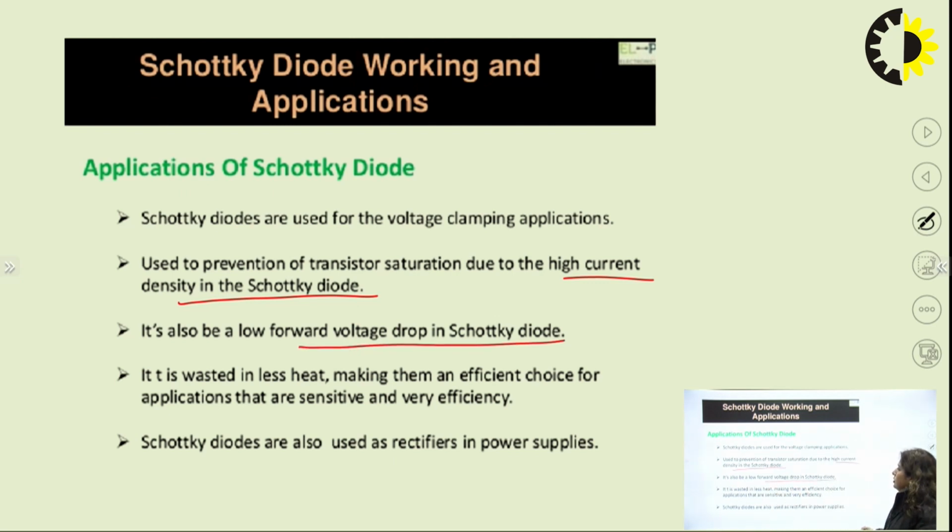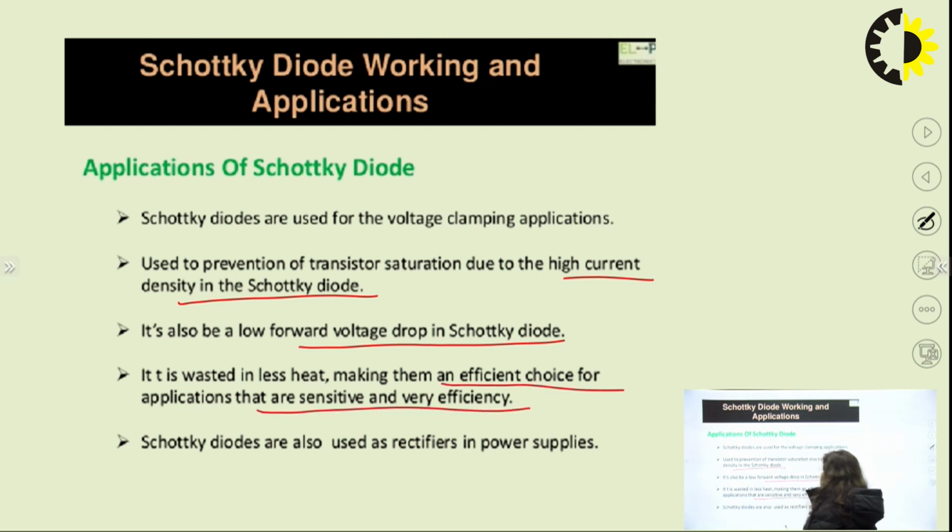It wastes less heat, making it an efficient choice for applications that are sensitive and require very high efficiency. Schottky diodes are also used as rectifiers in power supplies. So the major applications of the Schottky diode are digital applications, power supplies, low voltage drop industrial applications, and clamping applications also.